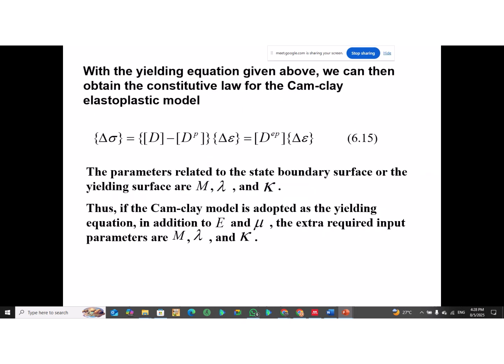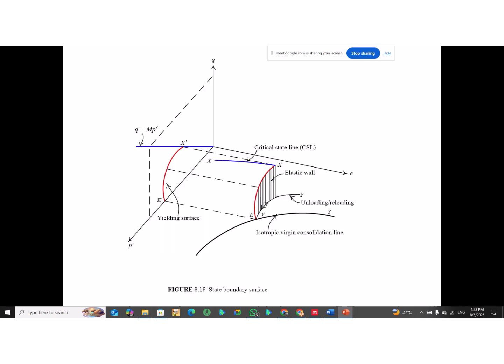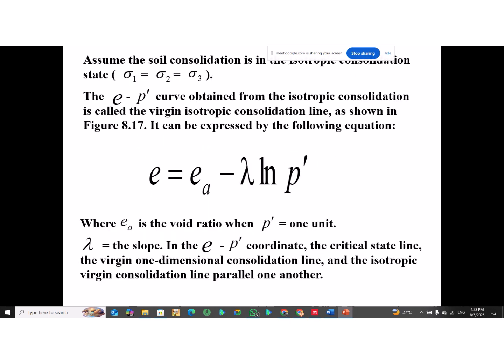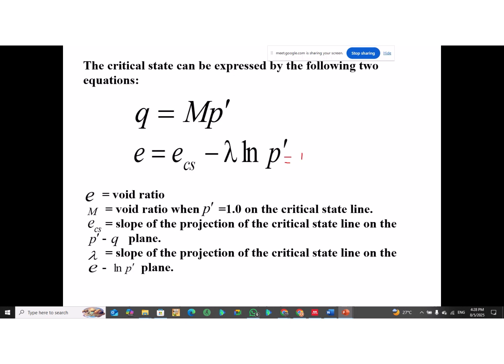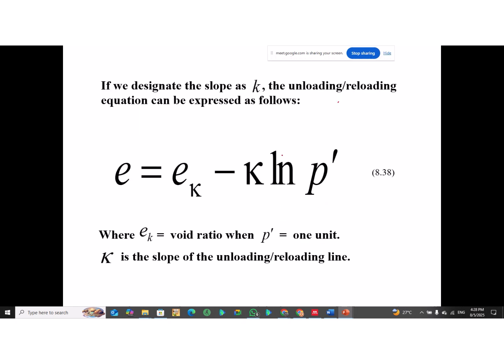So it comes back here, sorry, and then PE is, so the alpha is the slope of the EP, then the kappa is the coefficient of unloading-reloading.